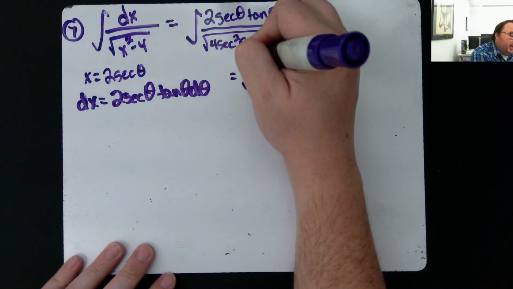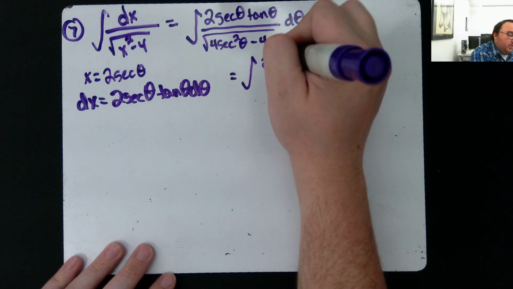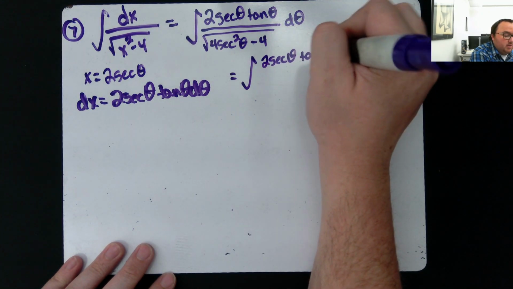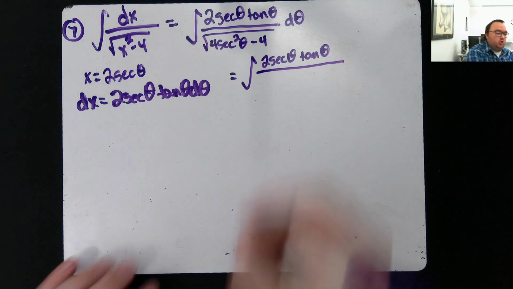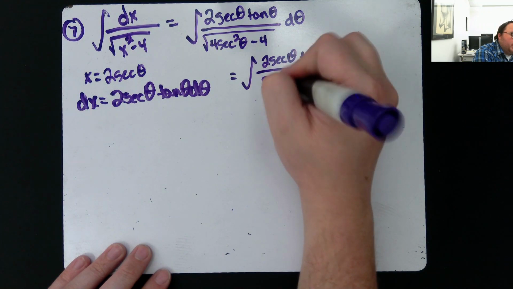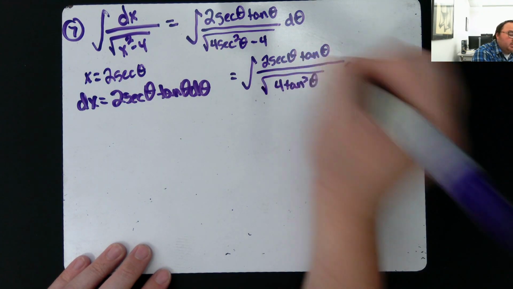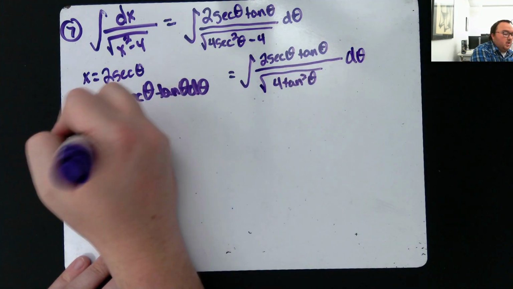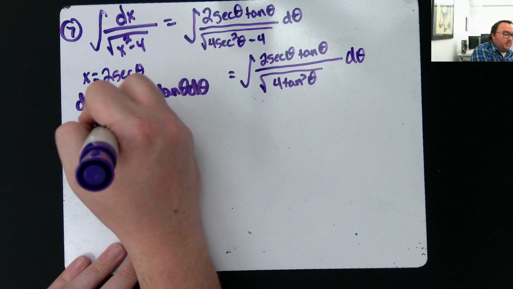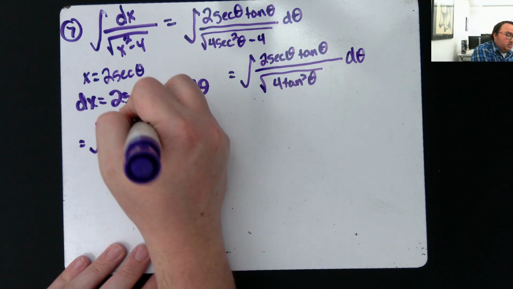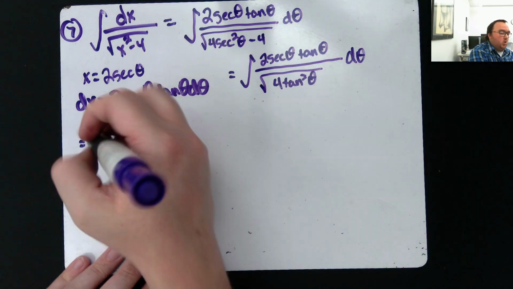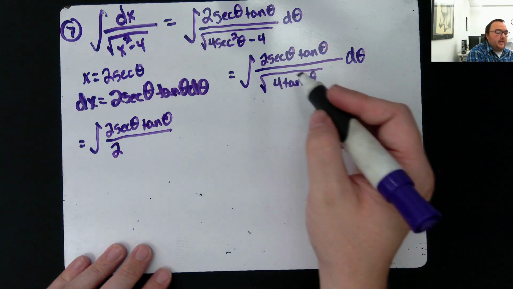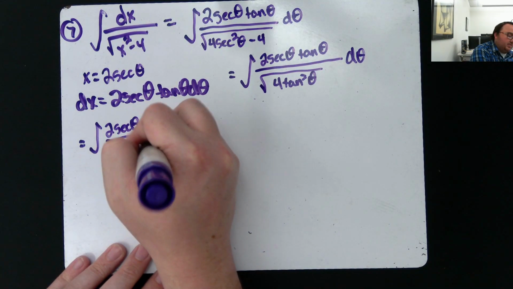So this is going to be the integral. Nothing I can really do on top. 4 secant squared minus 4 by our trig rule is actually 4 tangent squared. Once again, on top there's nothing I can really do, so leave it there, over square root of 4 which is 2, square root of tangent squared is tangent.